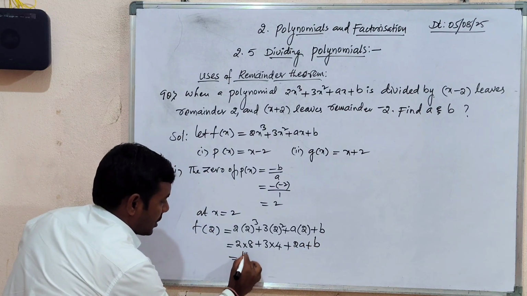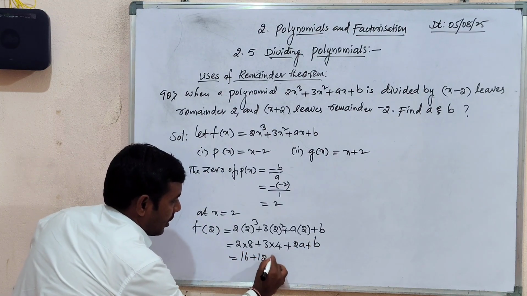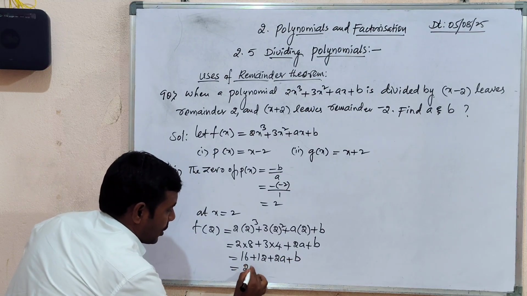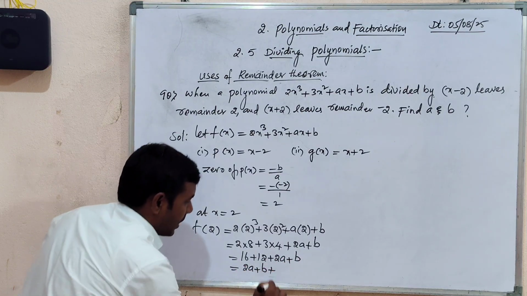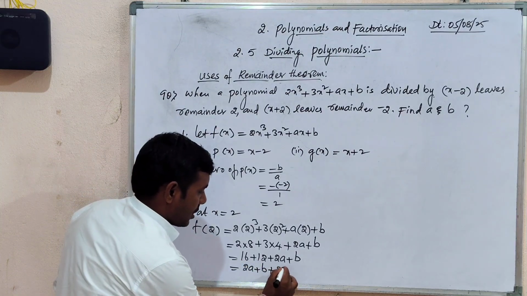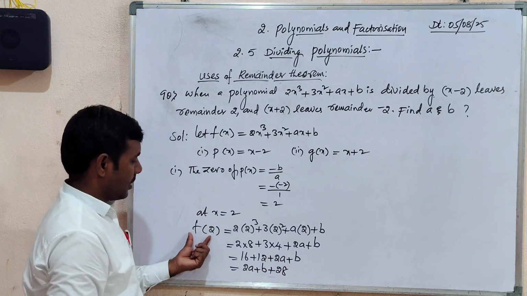Then it is 16, it is 12, it is 2a, it is b. Further step, 2a plus b plus 16 plus 12, how much? 28. This is the remainder.